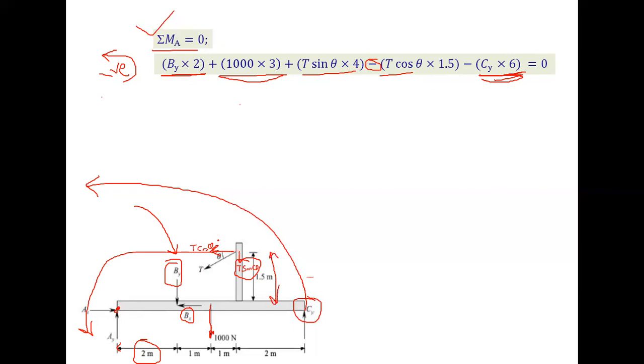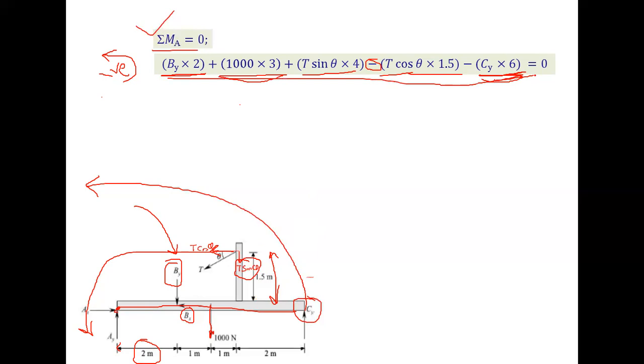So this T cos theta is acting at a distance of 1.5 meter from point A. Okay, fine. So I think it is very clear to everyone that this perpendicular distance is 1.5 meters. So T cos theta into 1.5. So in this way, we can balance the moments acting on the beam.